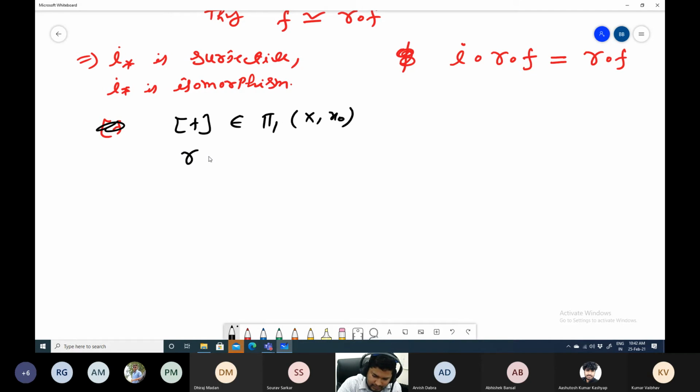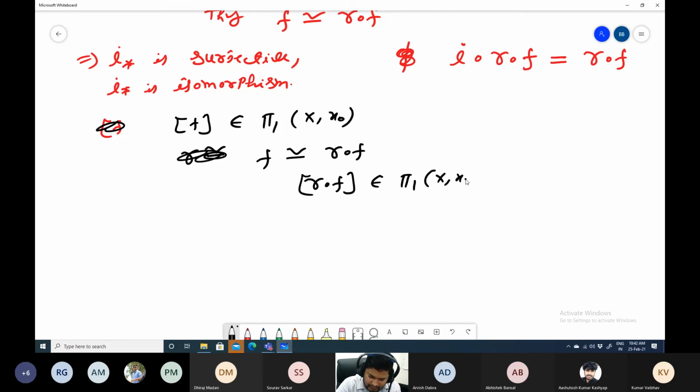Now we have done that R is homotopic to F, which is homotopic to R compose F, and R compose F belongs to pi1 A comma f0. Right. Now what is my i star of R compose F?